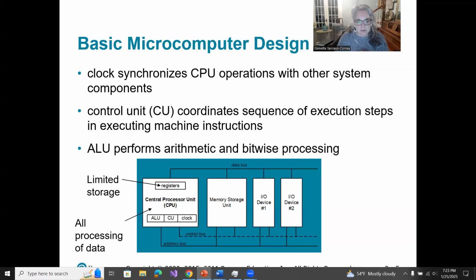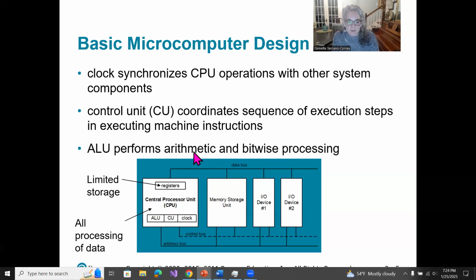And then we have the control unit, which coordinates sequences of execution steps in executing machine instructions. So the control unit would coordinate, if we have a program and we have certain instructions that we need to follow in a certain sequence, it coordinates that part. And the ALU performs arithmetic and bitwise processing.